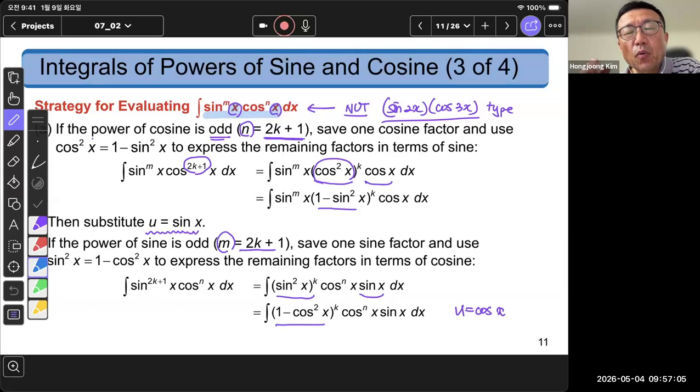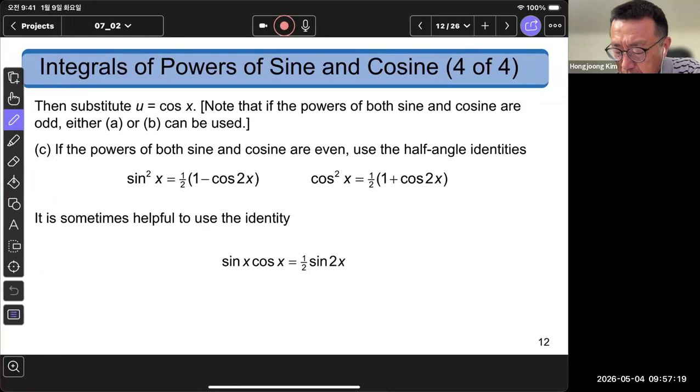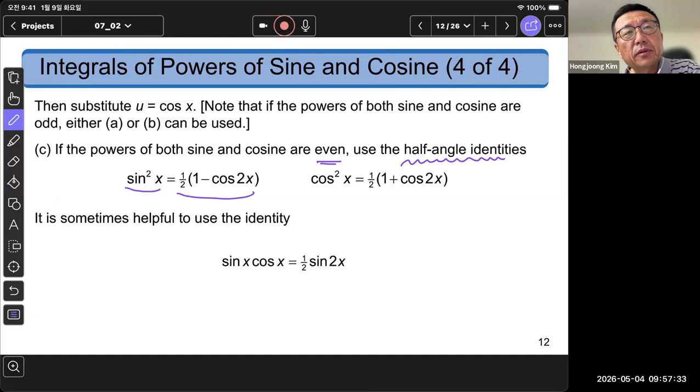If one of these two numbers is an odd number, what happens if both numbers are even? If both numbers are even, then please use the half angle formula. In other words, sine x squared is replaced by this, and cosine x squared will be replaced by this.